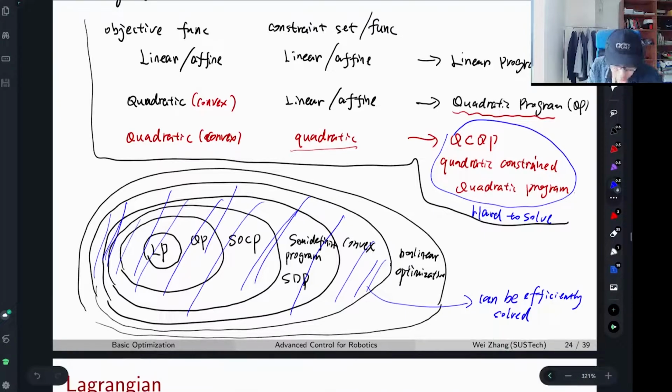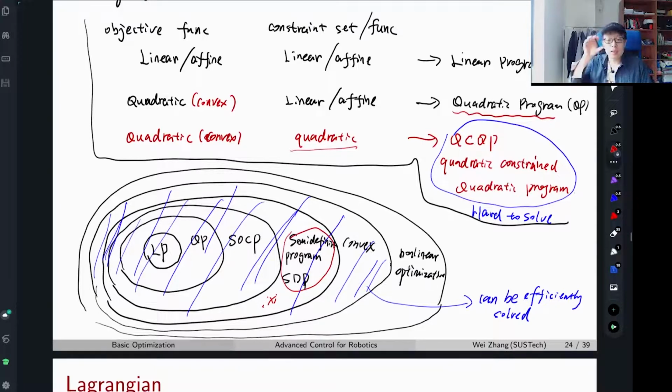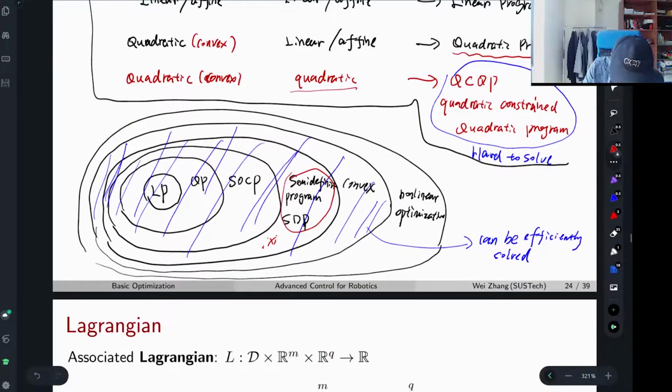So that's the categories, and we are going to discuss this semi-definite SDP in detail, maybe later today, even in lecture 12, which is a special convex optimization problem. The categorization of different optimization problems is based only on the properties of the objective function and the constraint set. That's why we introduced sets, functions, and also convexity and concavity. So that's the categories.